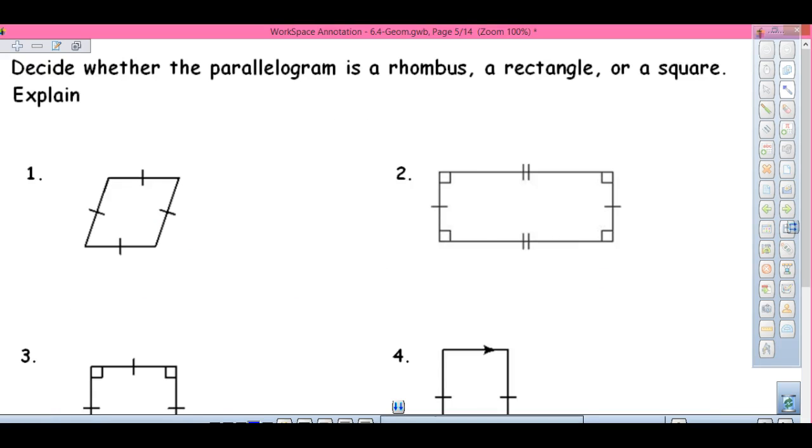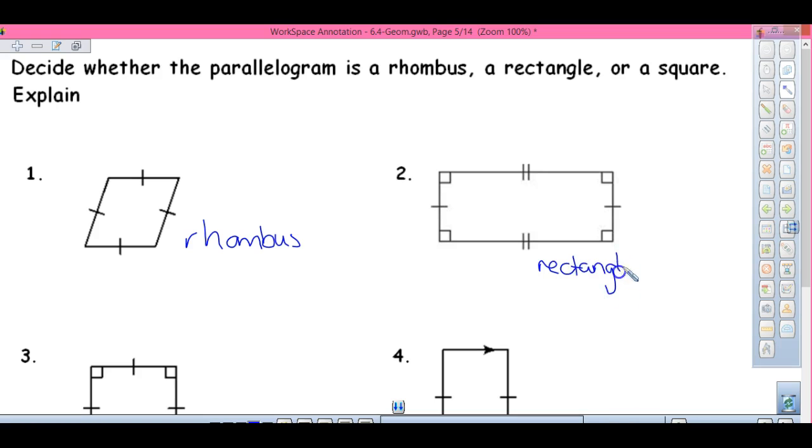Okay, so if we look at this guy, what's this? All we can say is that it's a rhombus because it's got 4 congruent sides. Number 2 is not a square, it is a rectangle. A square has to have 4 congruent sides.